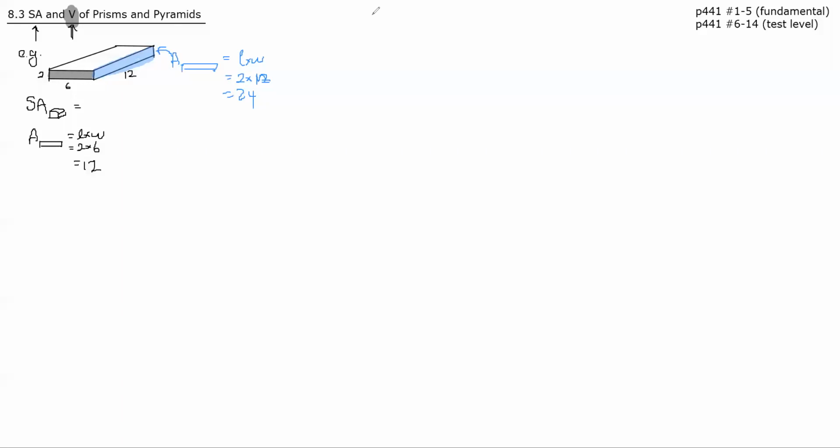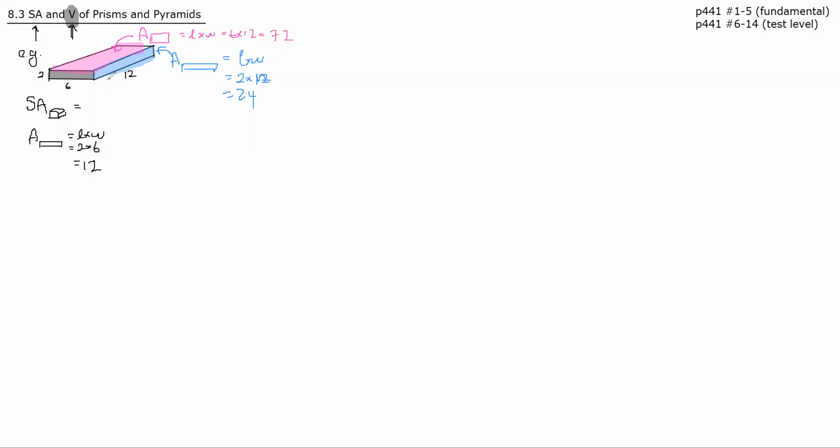And the last side I want to discuss would be the piece on top, basically the roof of this box. What would the area of this be? The area of the larger rectangle is again length times width, which is 6 times 12, so 72.